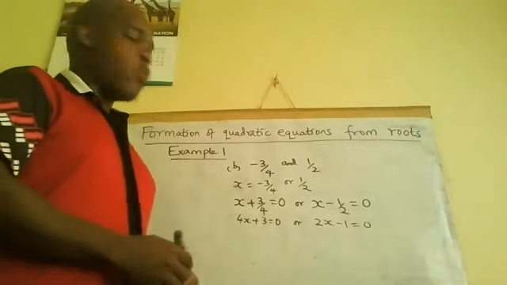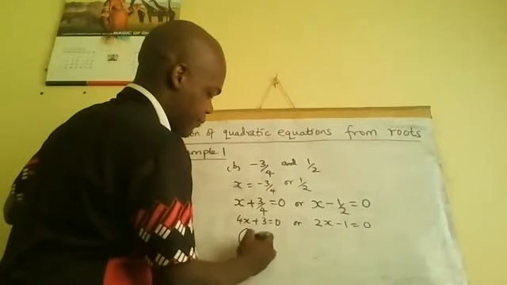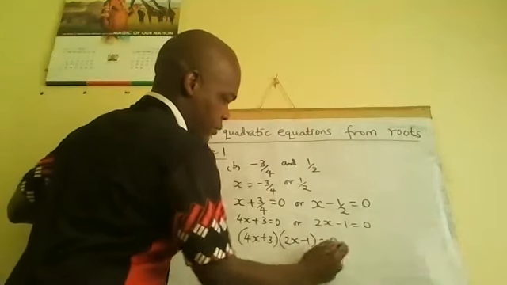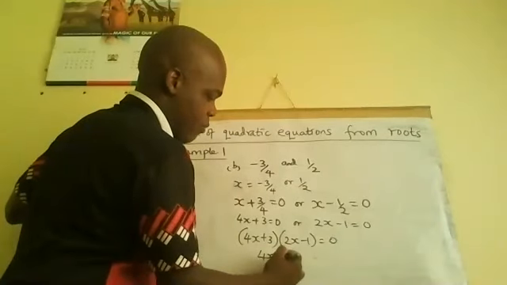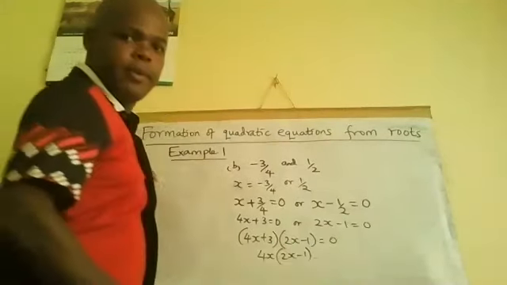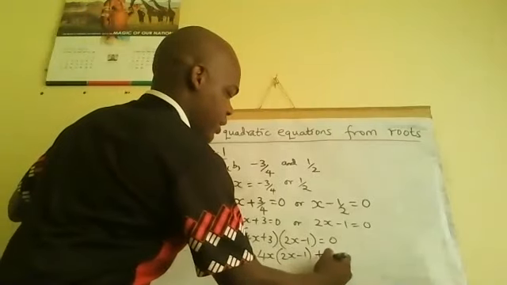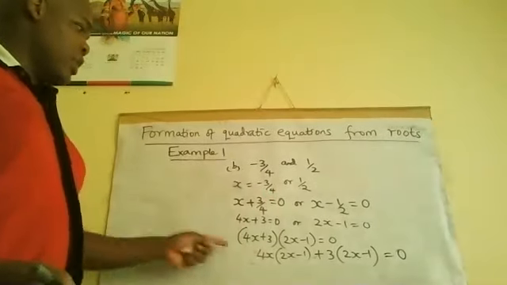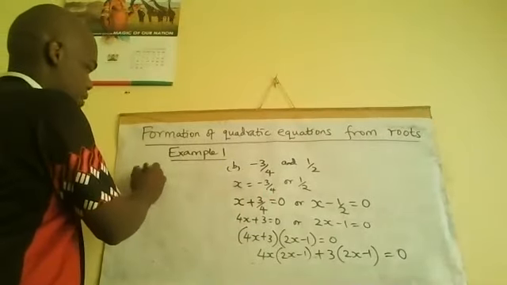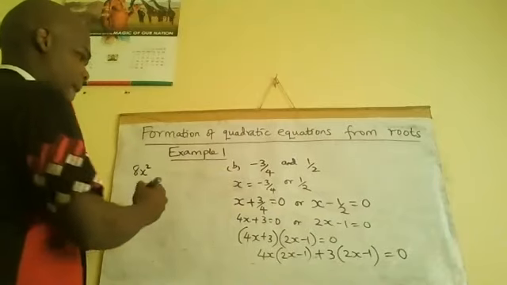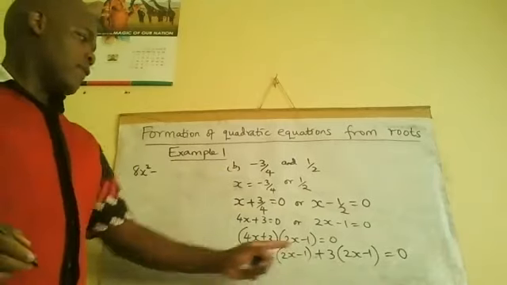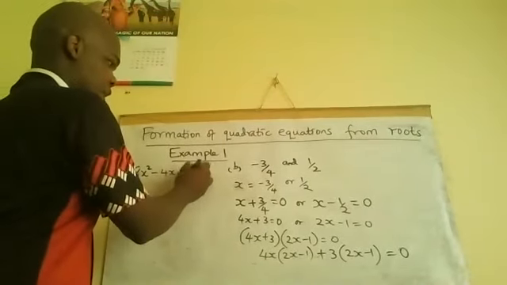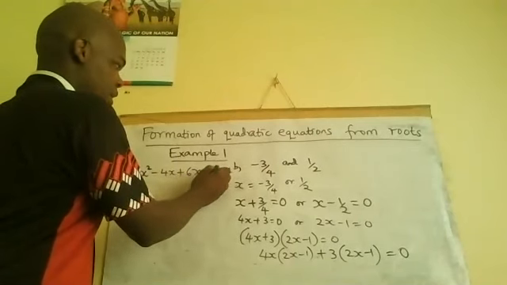And then we multiply. You take 4x, multiply with 2x minus 1, and then you add 3 into 2x minus 1, and you equate to 0. So this comes to 8x squared minus 4x plus 6x minus 3 is equal to 0.